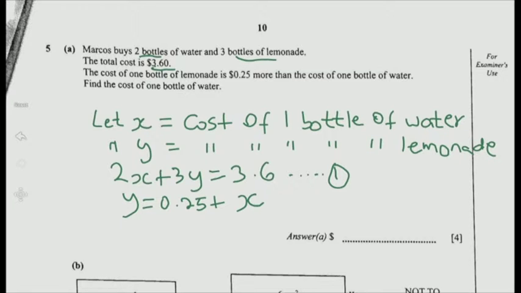Given the cost of 1 bottle of water, you have to add more money, which is 0.25, to get the cost of 1 bottle of lemonade. So that's the relationship, basically. So you have your equation 2 there.